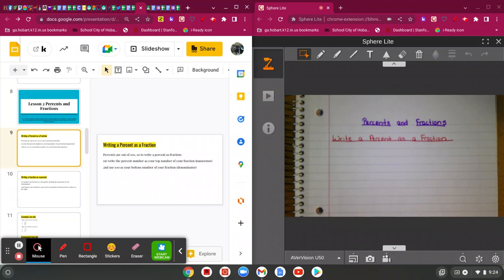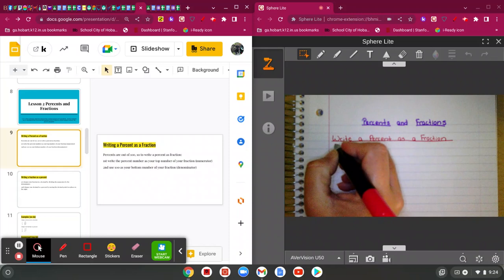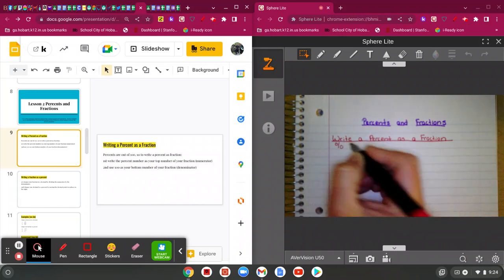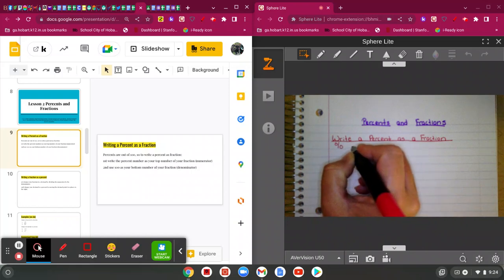So first thing we need to understand is that when we're dealing with percents, and I'm going to use the percent symbol, that way we don't have to write it out, percents are out of 100.